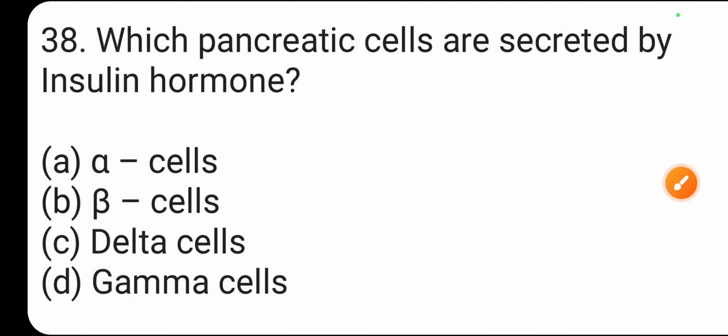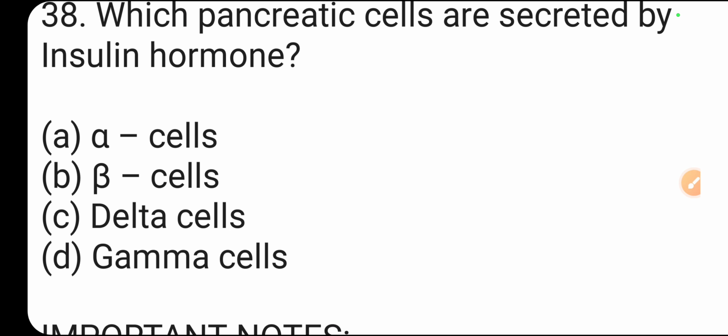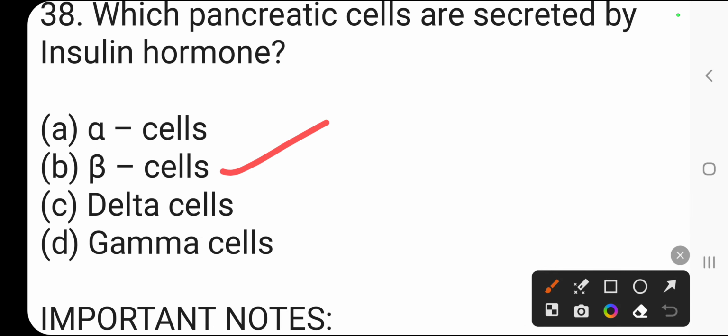Next question. Which pancreatic cells secrete the insulin hormone? Insulin hormone is secreted by beta cells, B, beta cells.